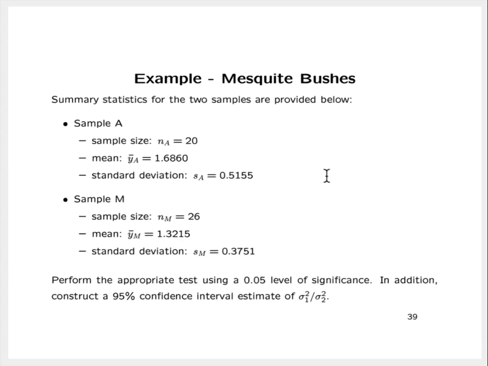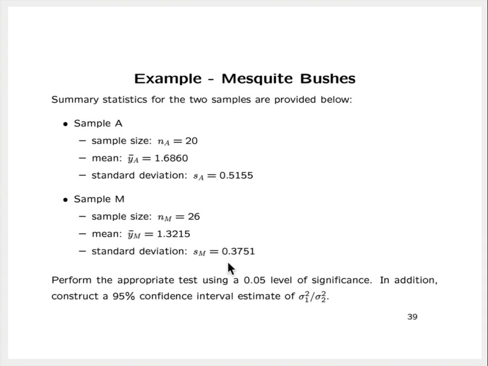And so here are summary statistics. We're not going to have the actual raw data for this, but we do have summary statistics for the two samples. The summary statistics for what we'll call sample A are given here. I actually don't like this notation, so I'm going to modify the subscripts. I'm going to call sample A the sample that corresponds to a sample from population 1, and I'm going to change the subscripts to denote that.